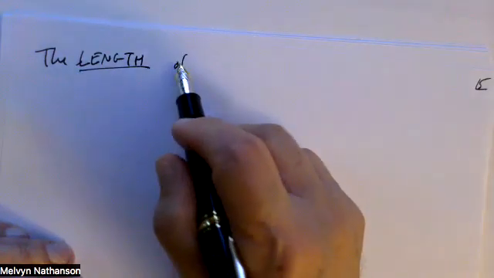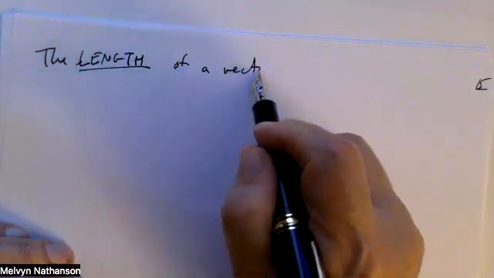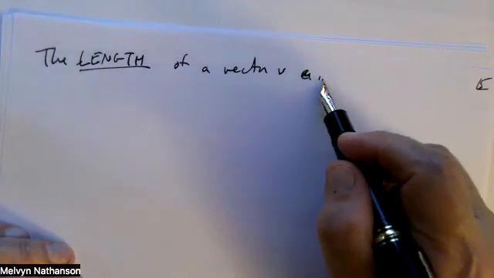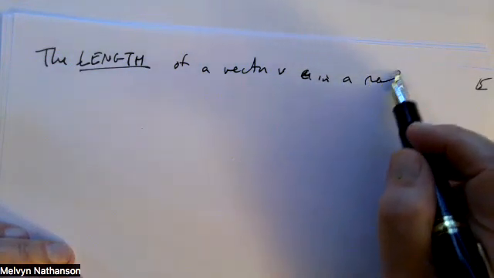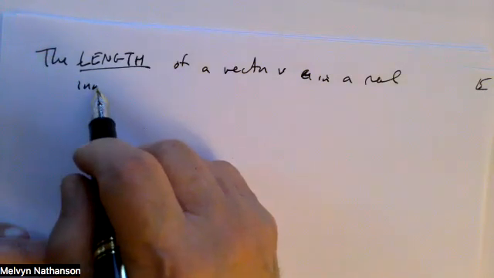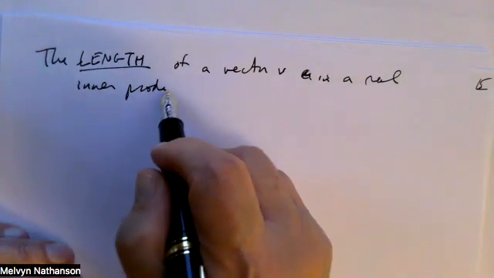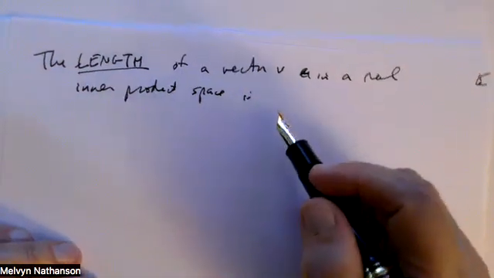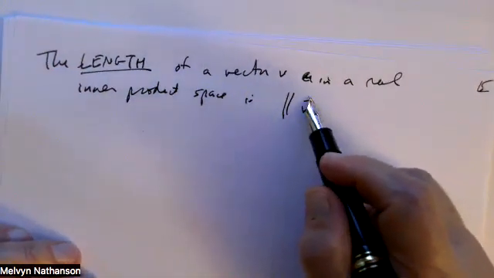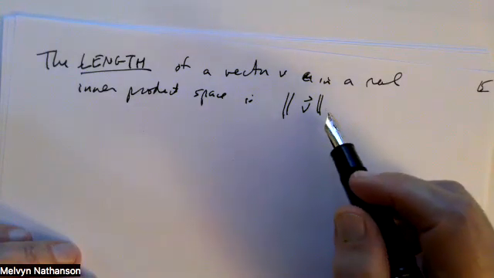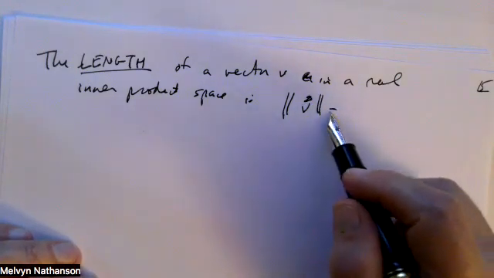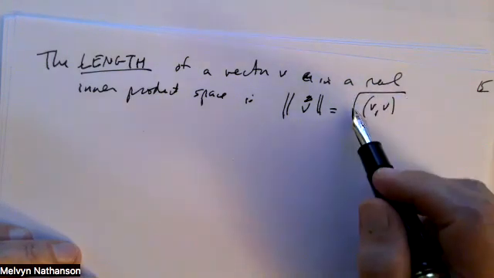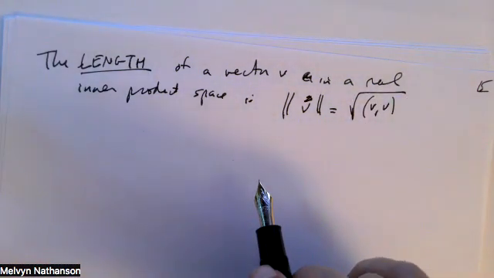The length of a vector v in a real inner product space is denoted V with these square bars around it. And this is, you take the inner product of V with itself and take the square root.